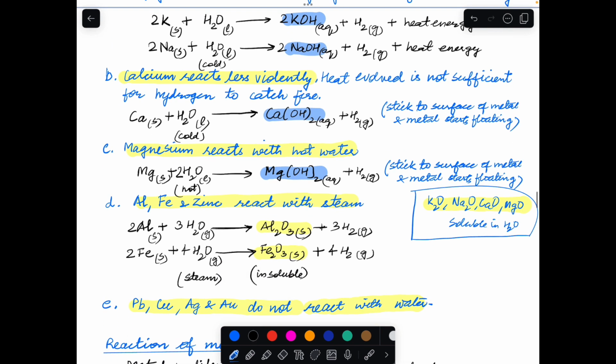Now come to the elements of less reactivity, like aluminium, iron and zinc. They will not react even with hot water. They will react with steam to form oxide. We will not get hydroxide here. Why? Because these oxides are insoluble in water, so they will not dissolve in water. So no hydroxide formation there.